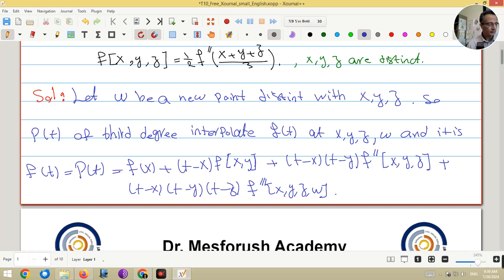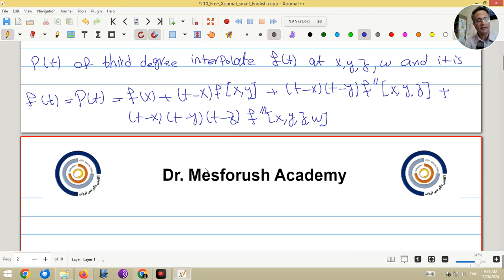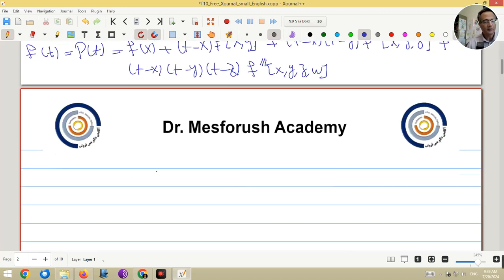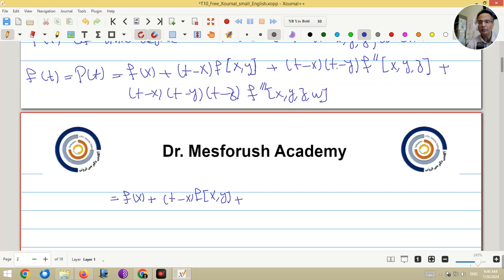Now, let me simplify these relations. So it will be f of x plus t minus x times f at x and y, plus, and here you multiply these two parentheses, so it will be t squared minus x plus y times t plus xy, times f double prime at x, y, and z.